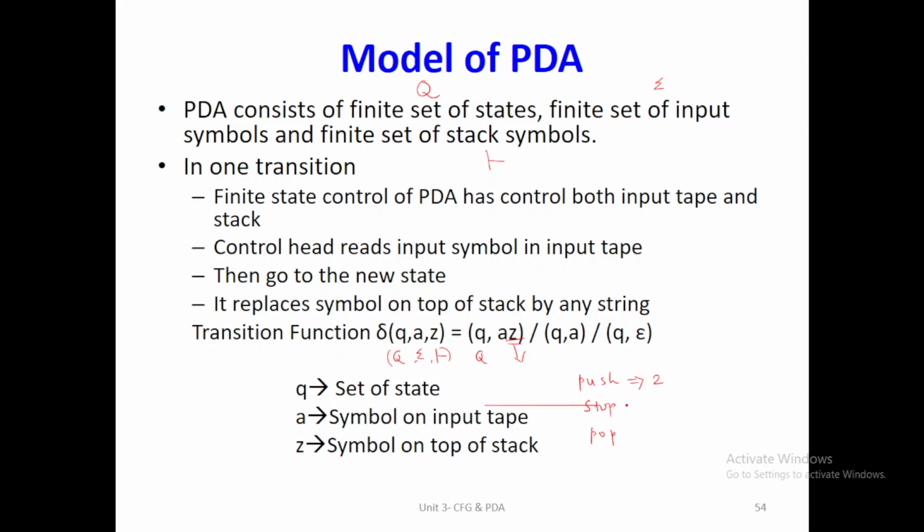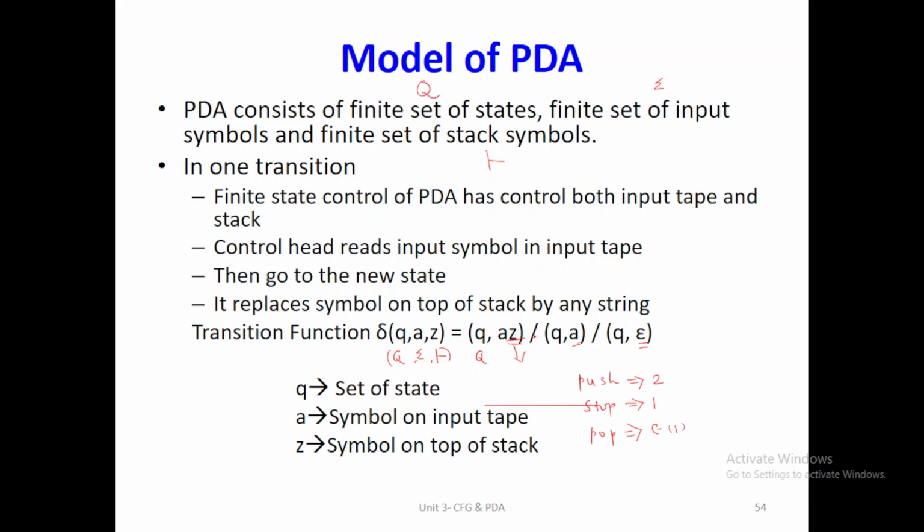If you are implementing a stay operation, the second parameter of that output contains only one symbol. If any pop operation is done on the stack, then the second parameter of the output is epsilon. That means it contains no symbol.